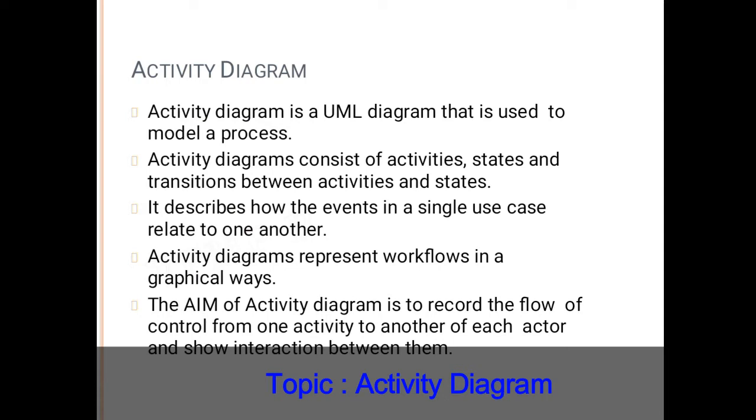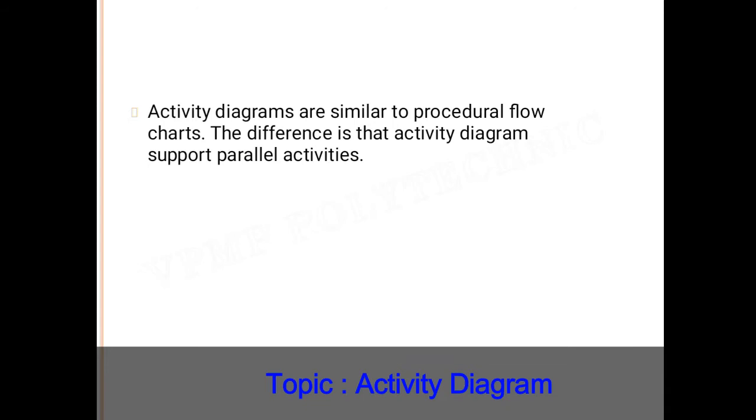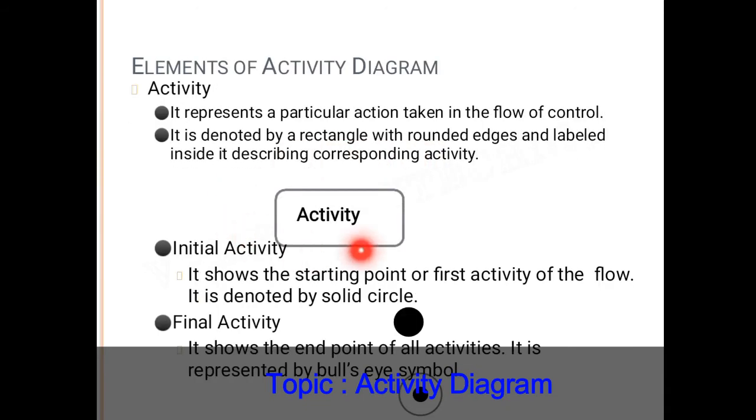Next, activity diagrams consist of activities, states and transitions between activities and states. So what are states, what is an activity, and how do activities and state transitions relate between user and system? Here, activities, states and transitions between them are described using symbols. See here, this is the activity symbol, denoting an activity of the system.